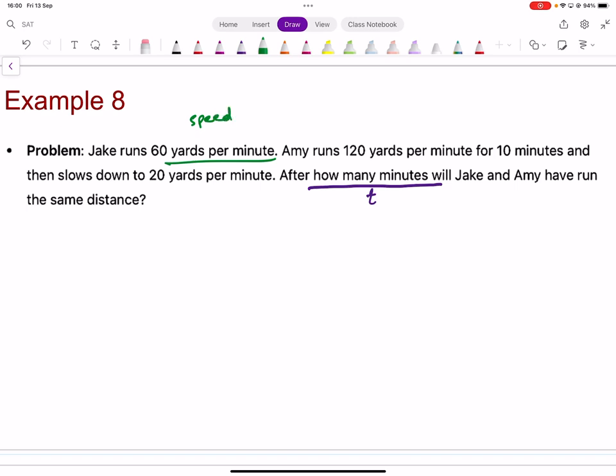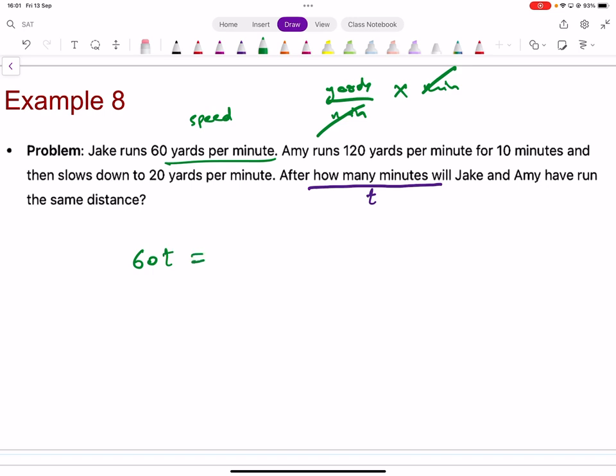Time is T. Distance is speed into time. Or you can also think of units. Yards per minute into minutes. Minutes and minutes will get cancelled out. We'll have yards left. So the distance run by Jake is 60 times T. Is that okay?